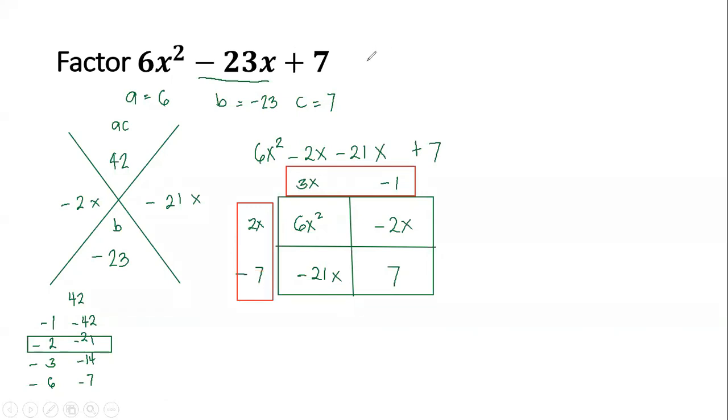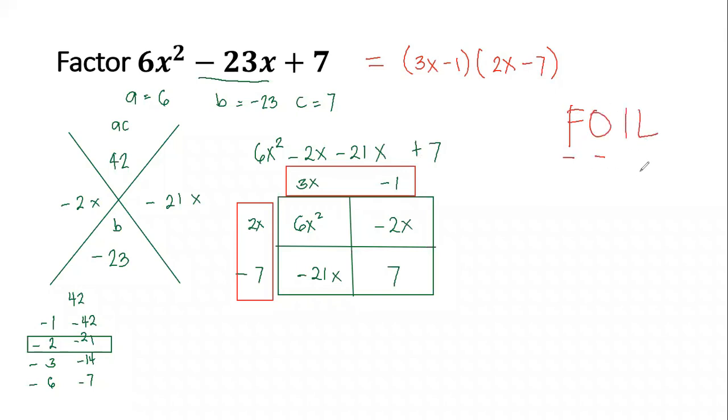So the factors of 6x squared minus 23x plus 7 are 3x minus 1 times 2x minus 7. Again, if you want to check if your factors are correct, you just have to do the FOIL method. So first, outer, inner, and last.